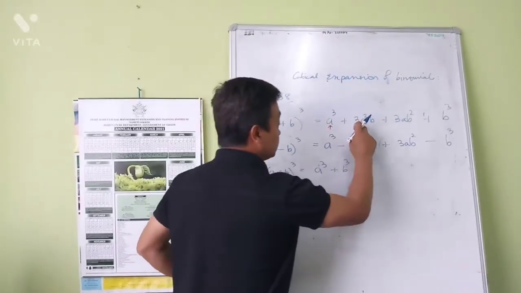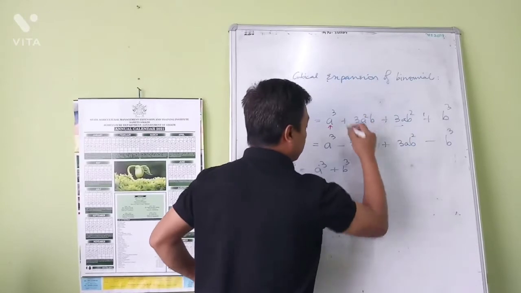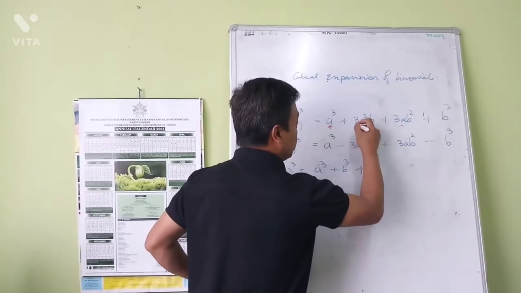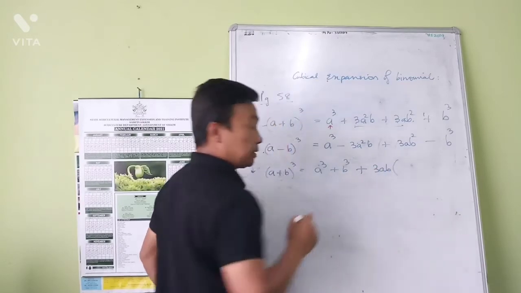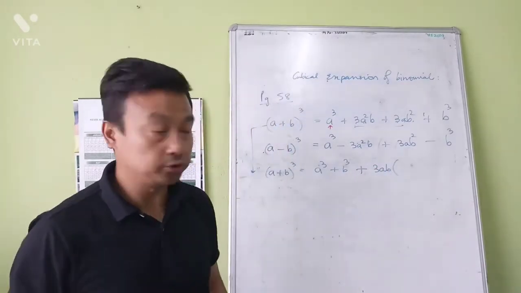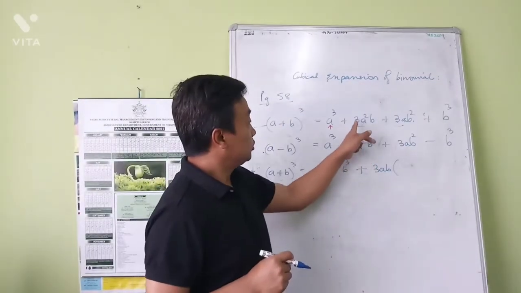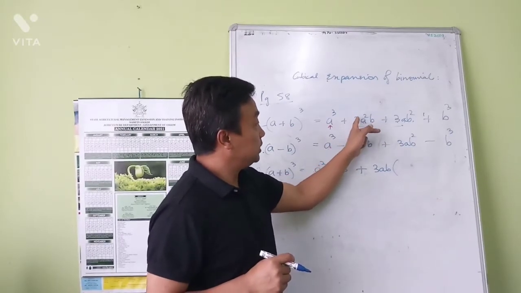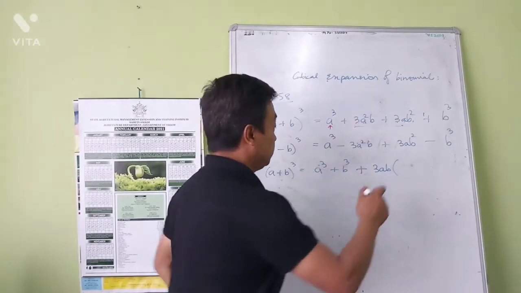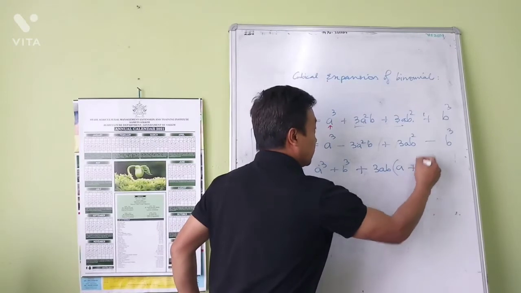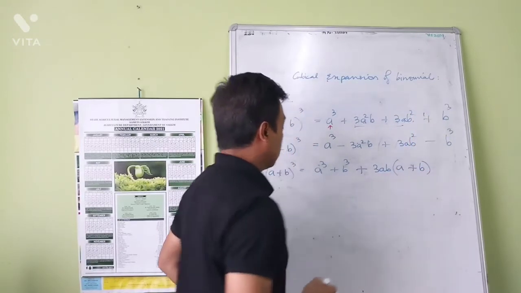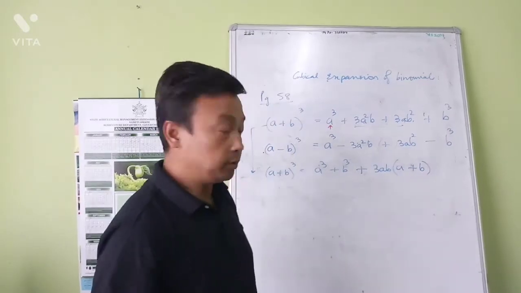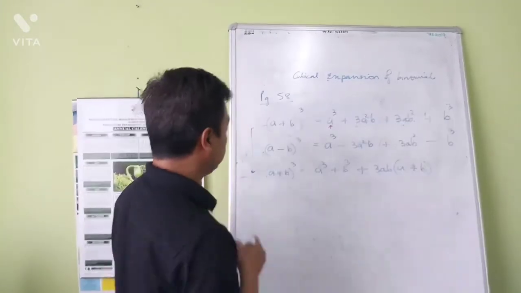Now if you look at these two terms, you have got plus here. 3ab will be common, that means the terms which are present in both. So from here 3a square b, if I take out 3ab, what will be left inside? a. And from here, b will be left inside. So this is another formula which you can write for a plus b whole cube.